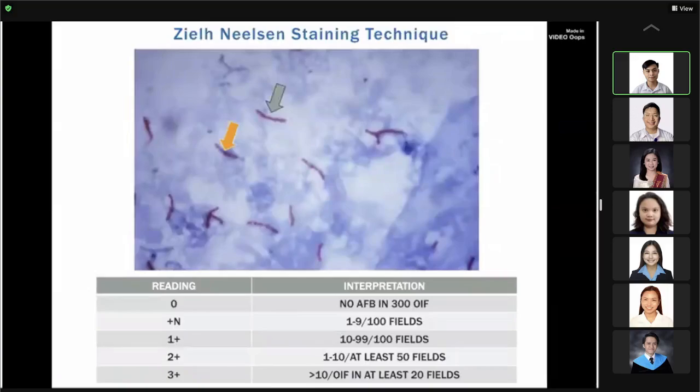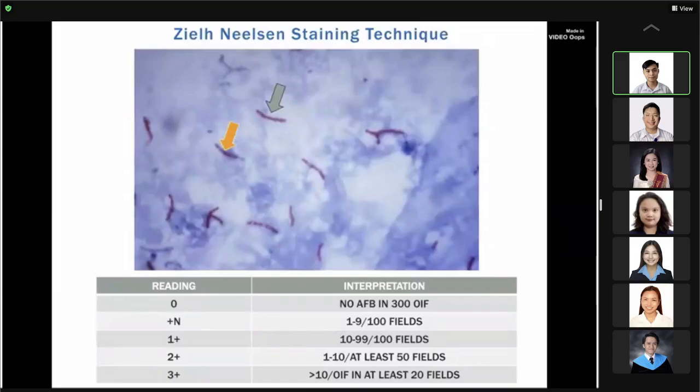If those organisms are not present, so no acid-fast bacilli, the reading is zero. If there are acid-fast bacilli, we are only required to look at 100 fields. But if there are no acid-fast bacilli in 100 fields, we are required to go through 300 oil immersion fields before we declare that the reading is zero, or negative, or no AFB.